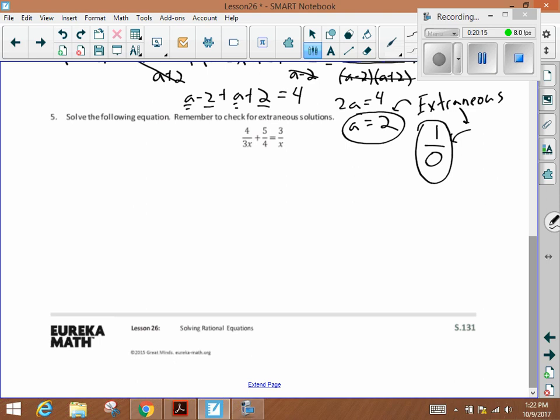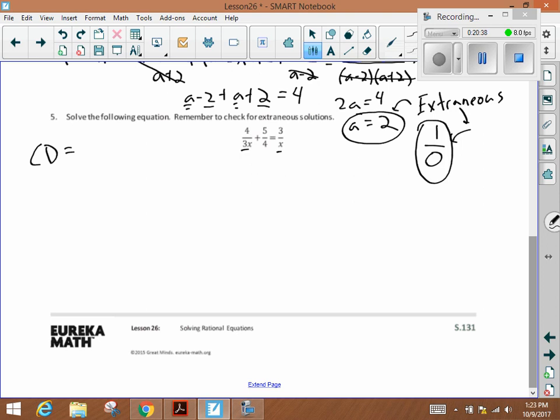So the first thing we need to do with this one is we need to figure out, hey, what is our common denominator here? Well, it looks like these two share an x, right? So be careful. Don't choose x squared for this one.